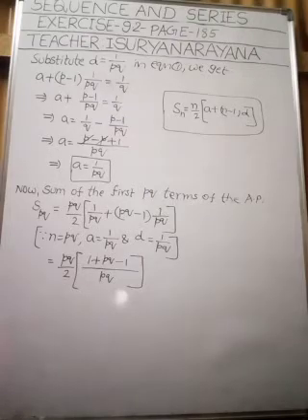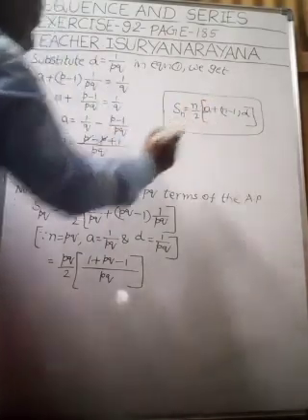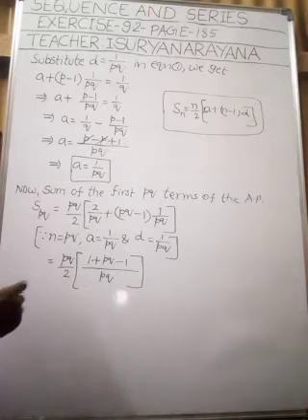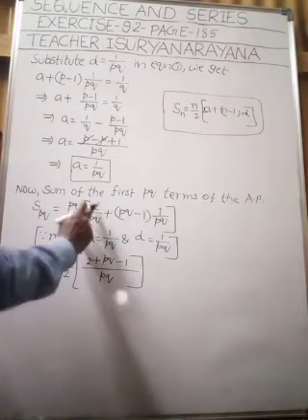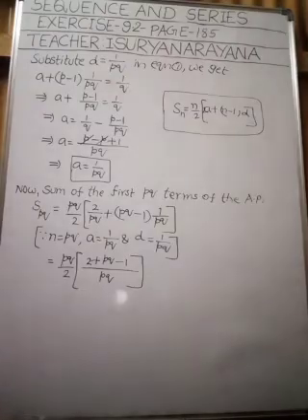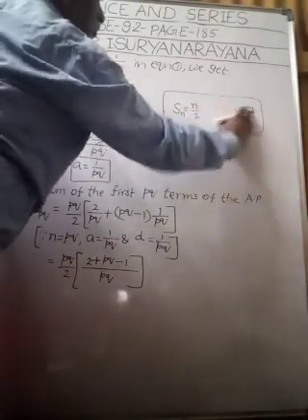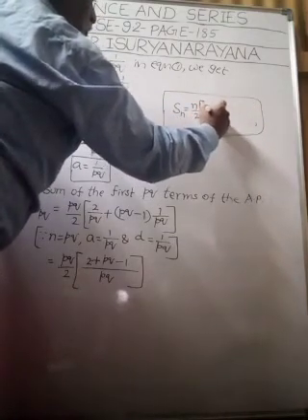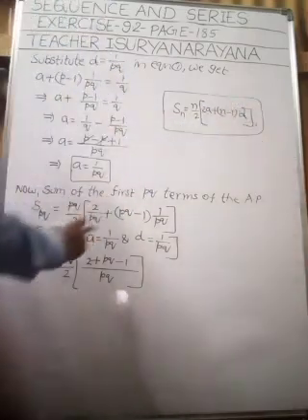Yes or no, my children? Sorry. 2a plus n by 2 into 2a plus... So 2. Okay, my children. Then we get here 2a. So 2 by PQ. Okay, my children. N by 2 into 2a plus n minus 1 into d, in this formula.